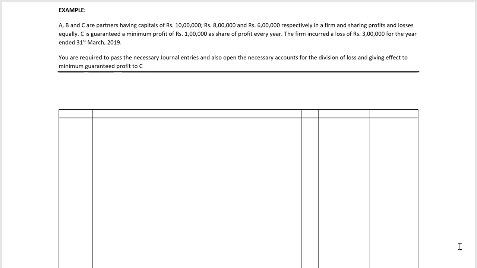The firm incurred a loss of rupees 3 lakh for the year ended 31st March 2019. You are required to pass the necessary journal entries and also open the necessary accounts for the division of the loss and giving effect to minimum guaranteed profit to C.